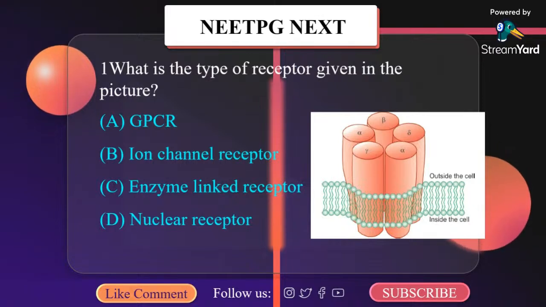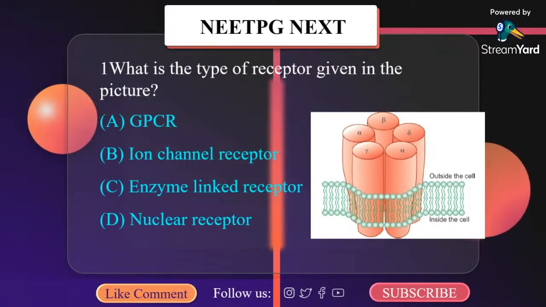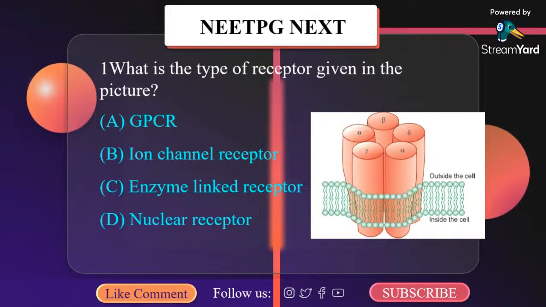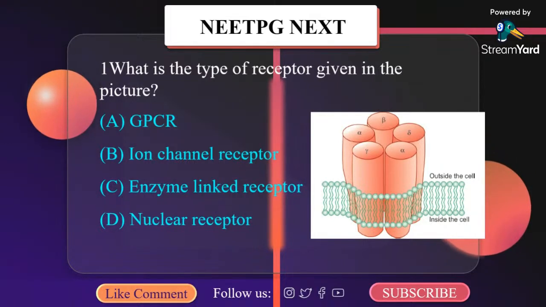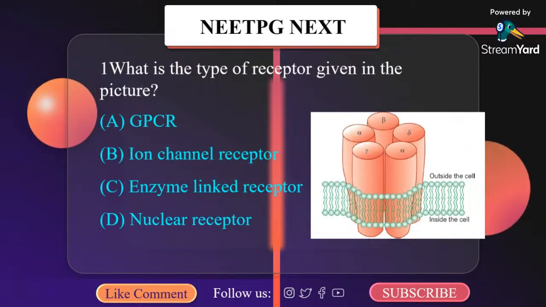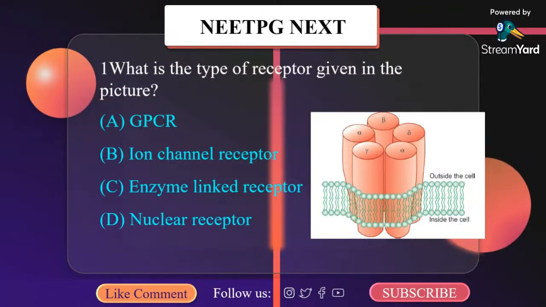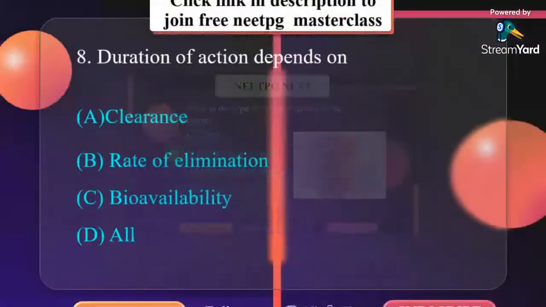It is a nicotinic receptor made up of 2 alpha, 1 beta, 1 delta, and 1 gamma subunit. Nicotinic receptor is a sodium ion channel receptor. So this nicotinic receptor is an ion channel receptor. So the correct answer here is B, ion channel receptor.